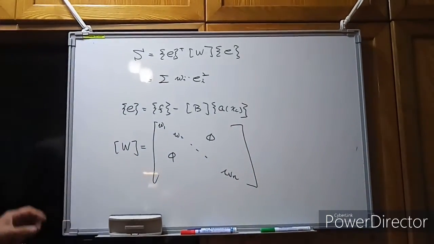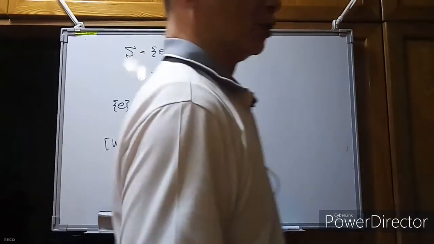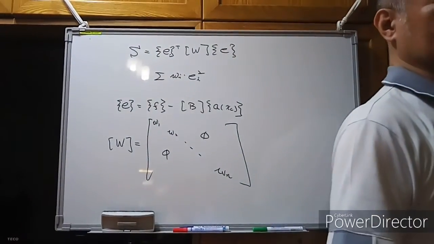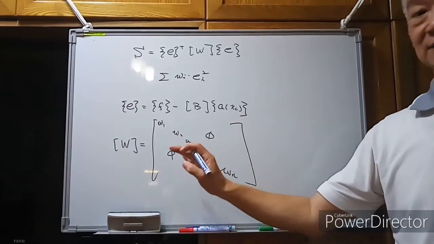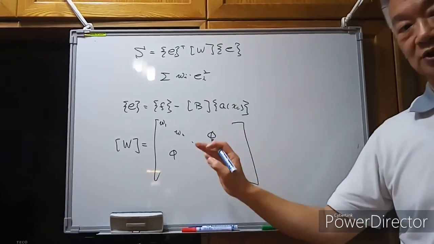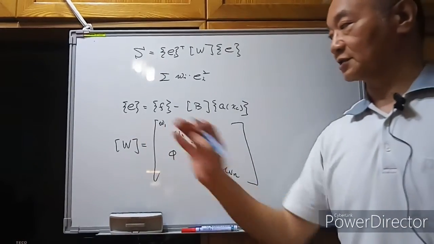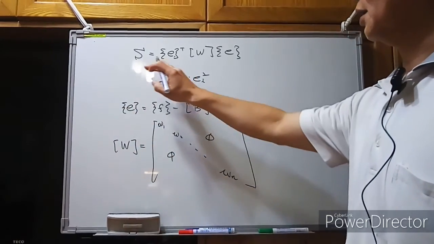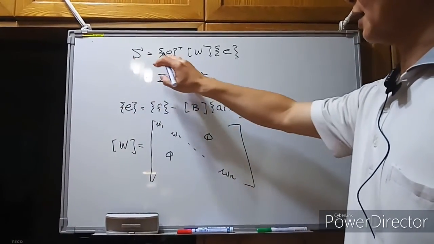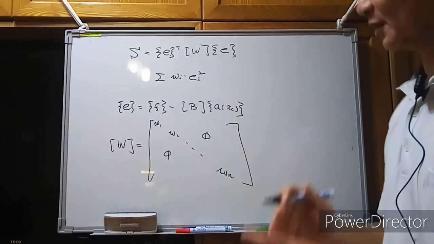The W matrix is a diagonal matrix, and only the diagonal elements are non-zero. All the off-diagonal elements will be equal to 0. Okay, so that's the W matrix, that's the E vector. And right now, the capital S can be defined like this one.